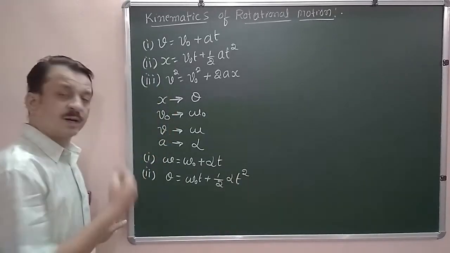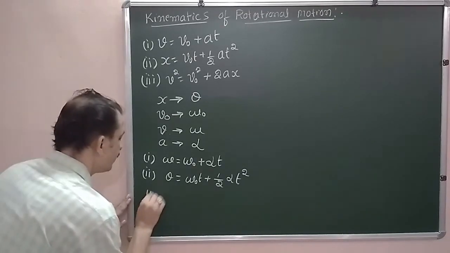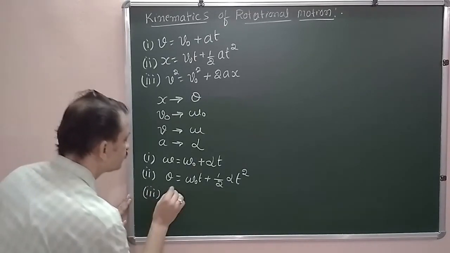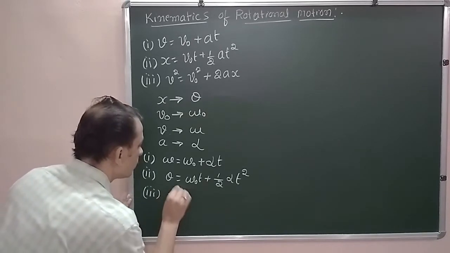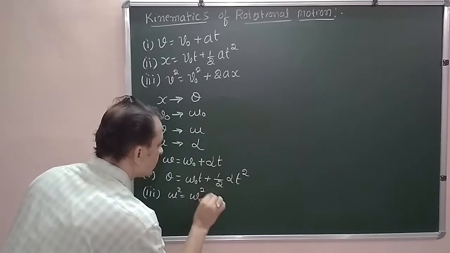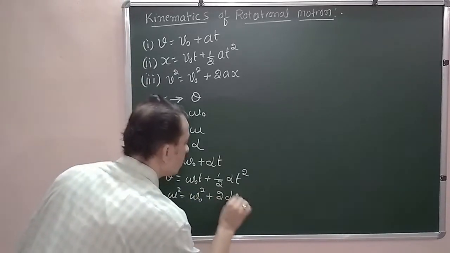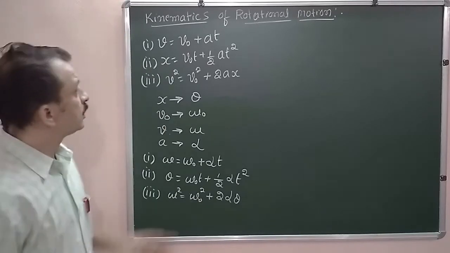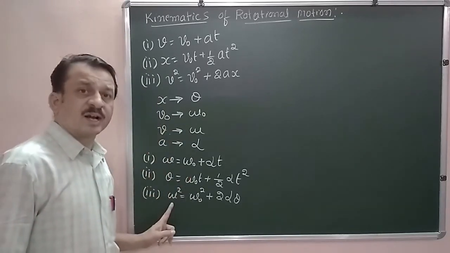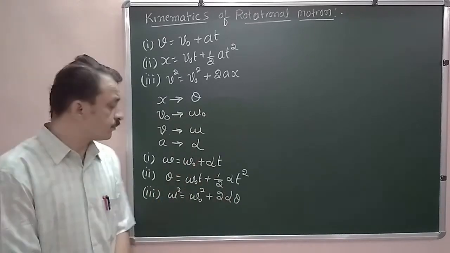It is the second kinematic equation in rotational motion. And similarly we have the third equation, that is omega square is equal to omega naught square plus 2 alpha theta. Now these are the kinematic equations for rotational motion.